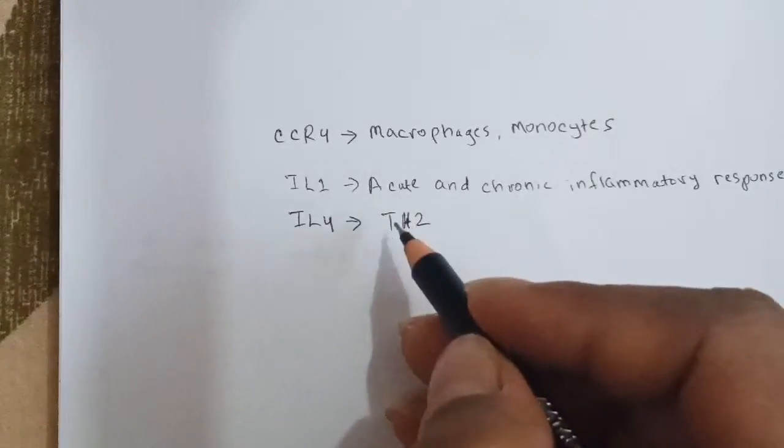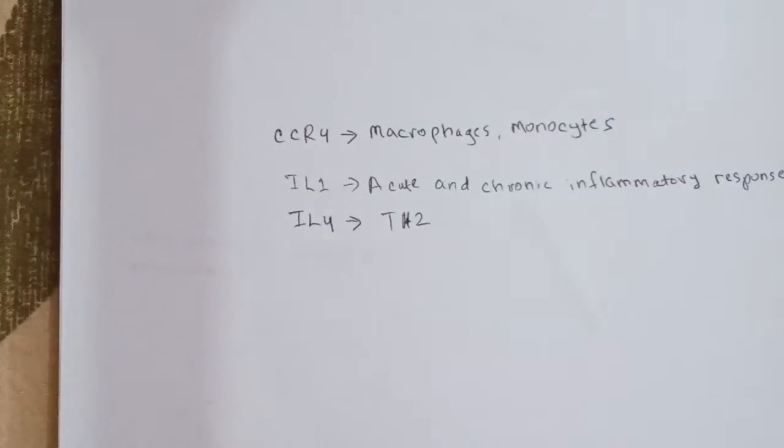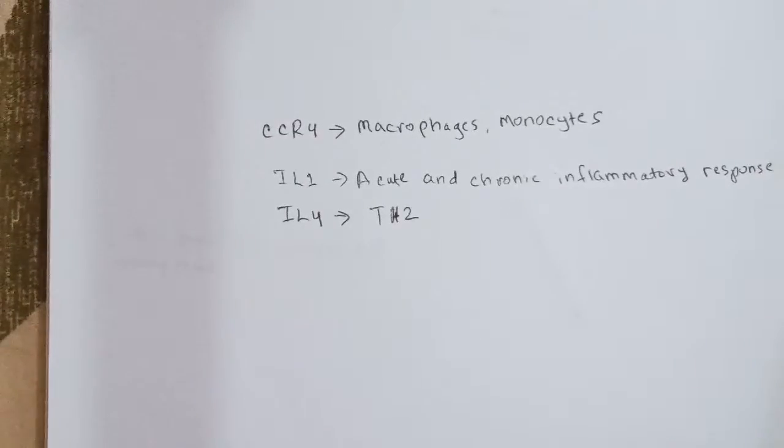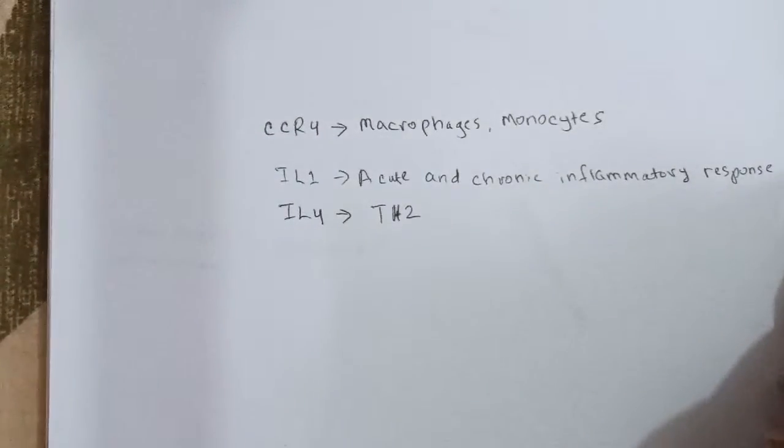Okay. Interleukin 1 is generally an endogenous pyrogen and it produces fever. So it's generally redundant without interleukin 6 and TNF alpha. So generally the patient would be asymptomatic.